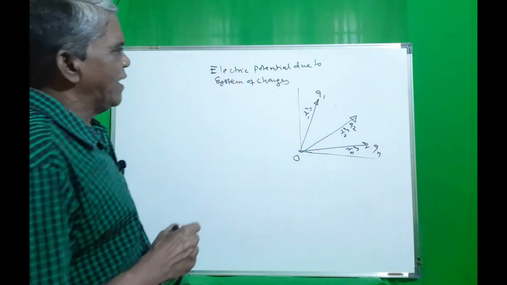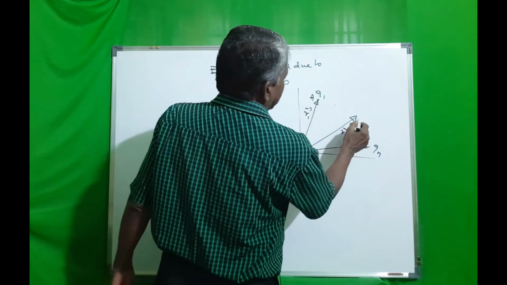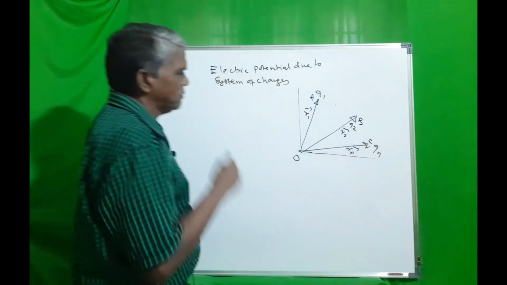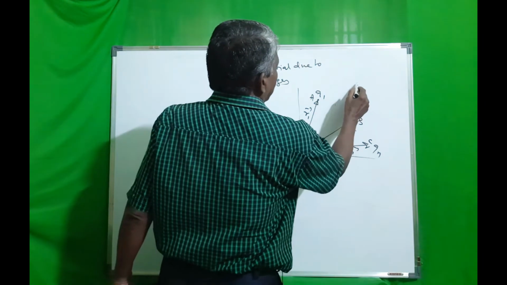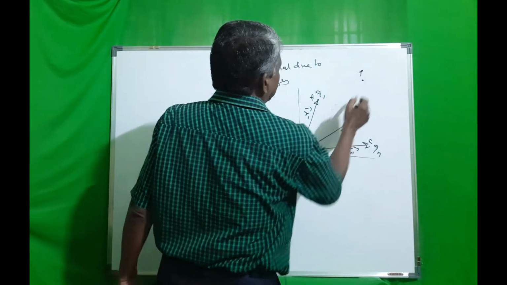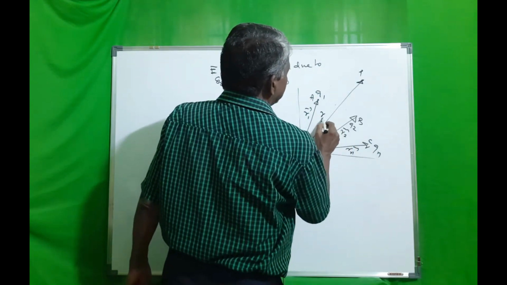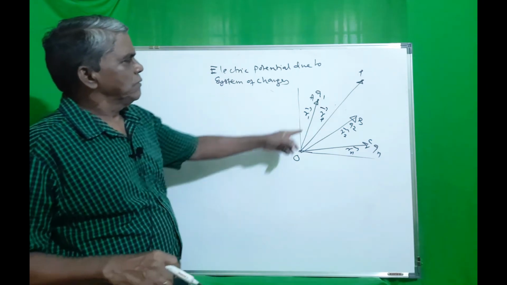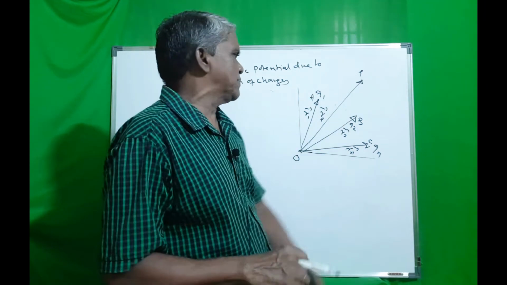These are the charges placed at A, B, C, etc. We want to find electric potential at a point P. Suppose its position vector is Rp.